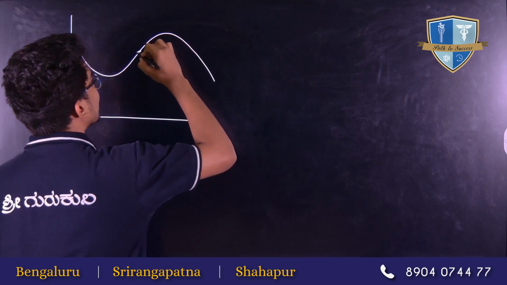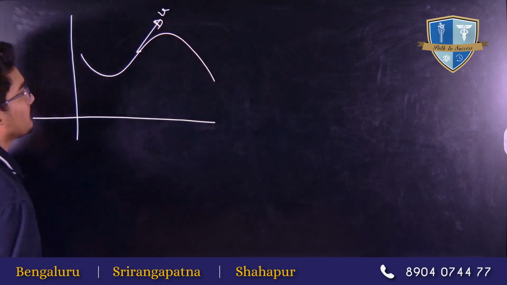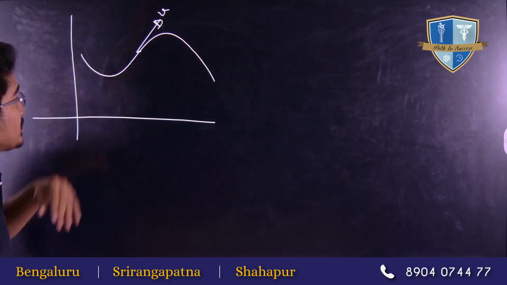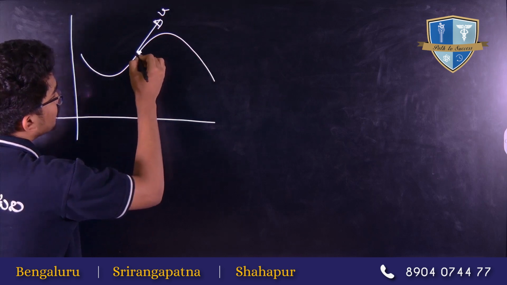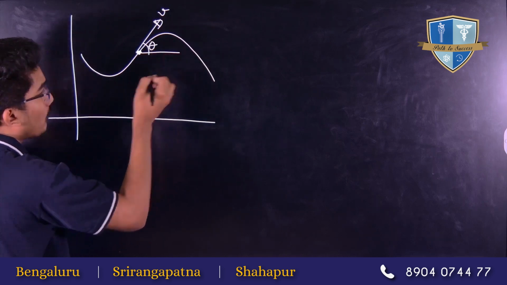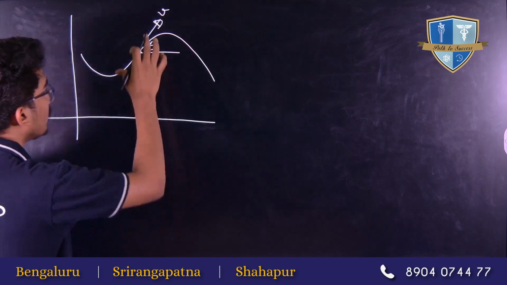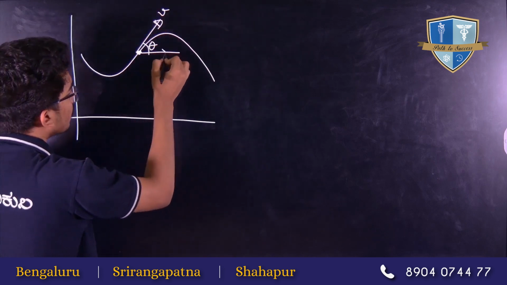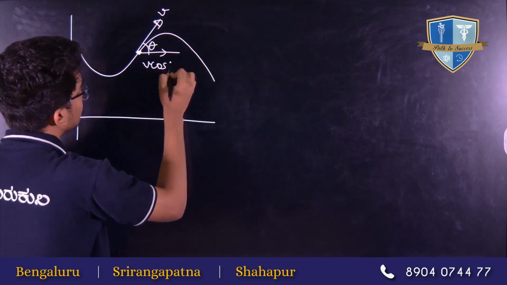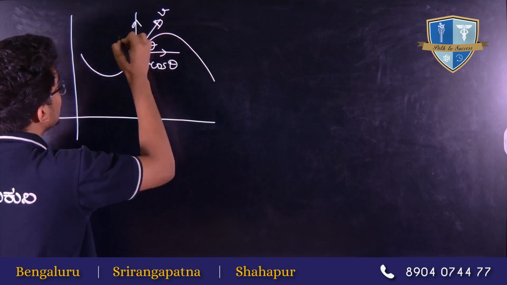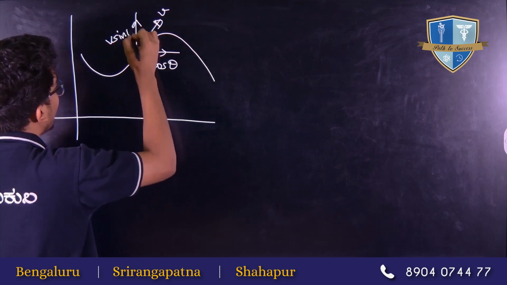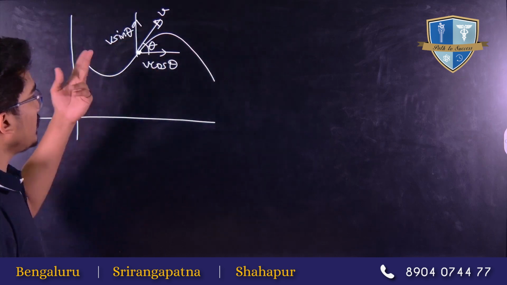At any point, let's suppose it has a velocity v, correct? It has a velocity in this direction, and let's suppose this direction is at an angle theta from the x-axis, correct? Now we know how to do components of a vector. So if this is v, this will be v cos theta, and this will be v sin theta, correct? So we have divided the velocity into two components.